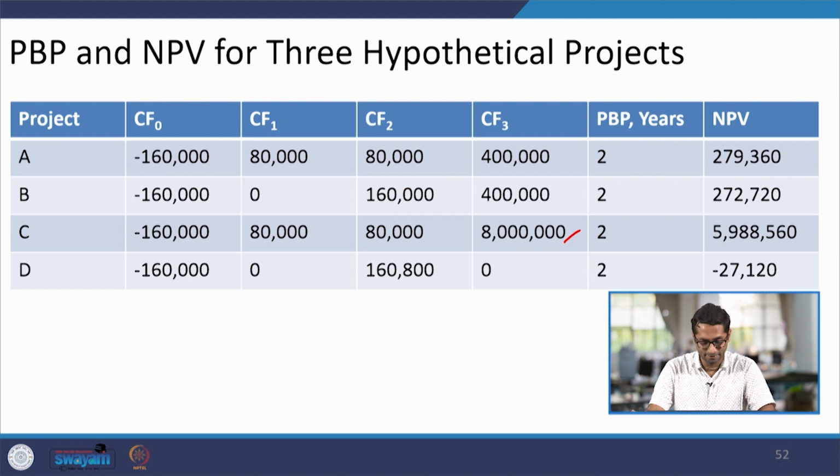So we can see for project C, because of a jump in the cash flow that is happening in year 3, which is beyond the payback period, it's not able to account for it, and the net present value is way more as compared to the previous 2 options.